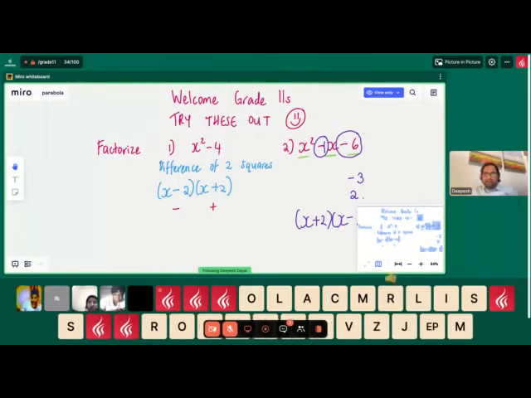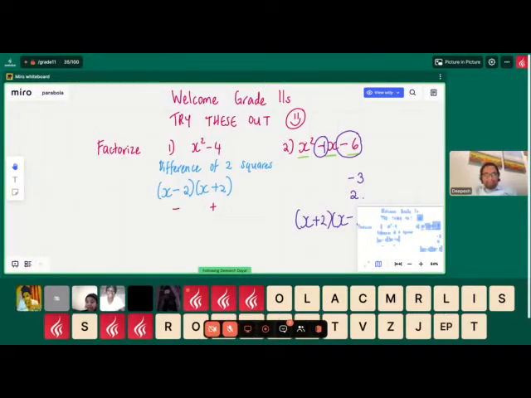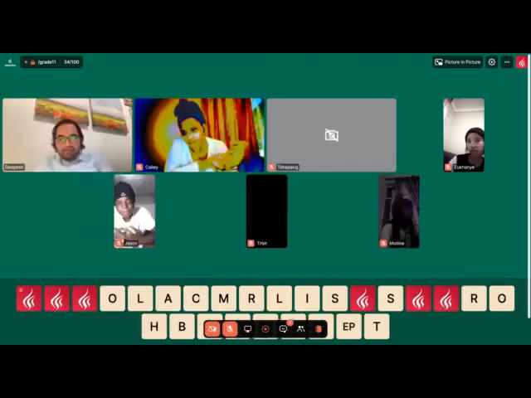Is this something you've done before? I see lots of thumbs up. Some hands clapping. That's great stuff. Even party hats. You guys are loving factorization. I'm really glad, because it's really going to help us with the graphs now. Thank you so much for that.